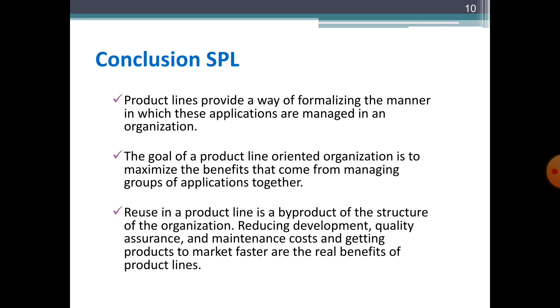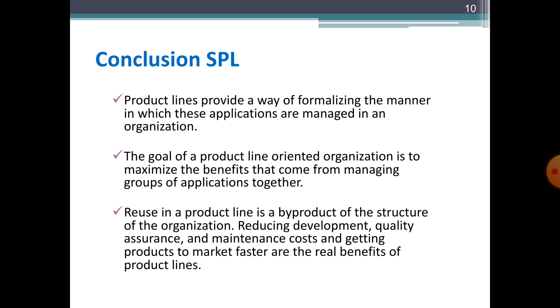Product line provides a way of formalizing the manner in which these applications are managed in an organization. The goal of a product line oriented organization is to maximize the benefits that come from managing groups of applications together. Reuse in a product line is a byproduct of the structure of the organization.